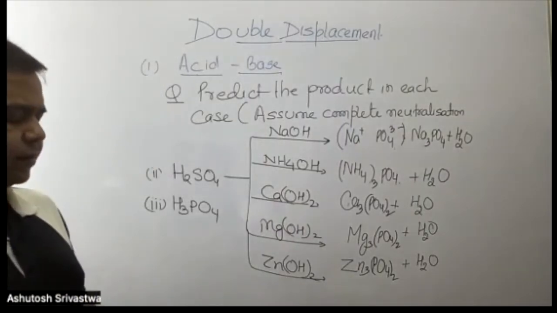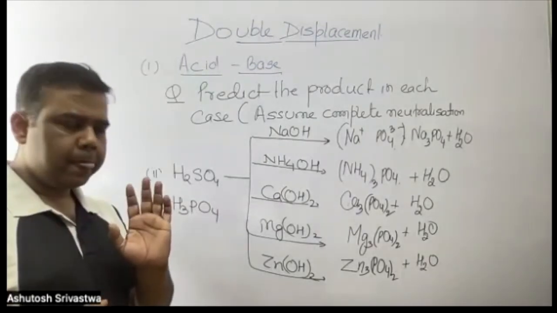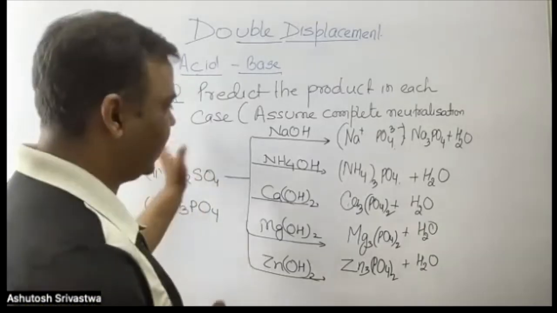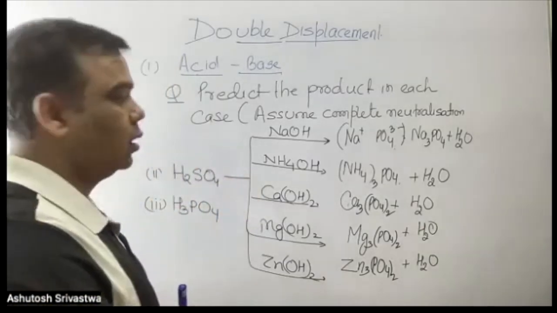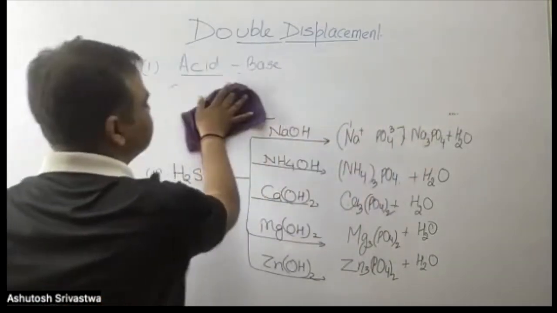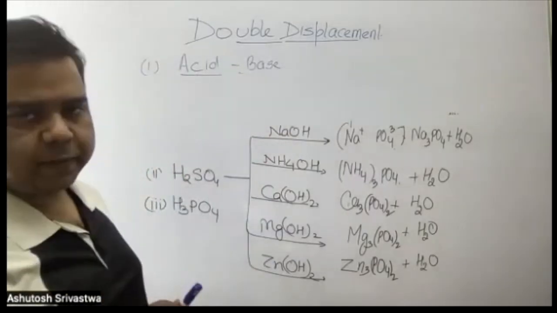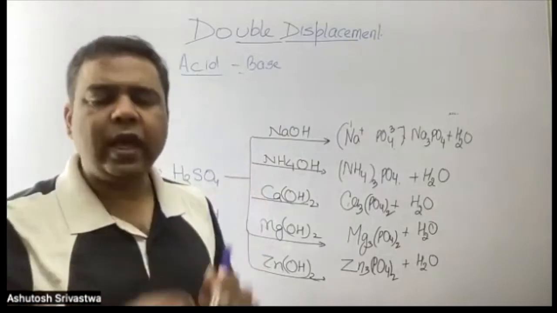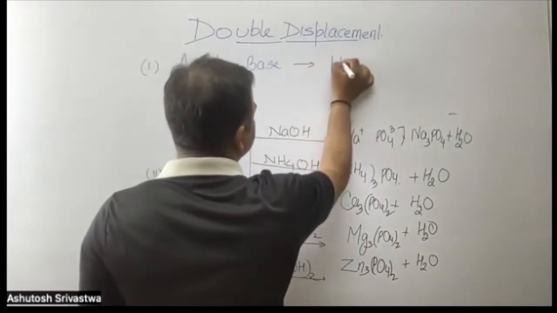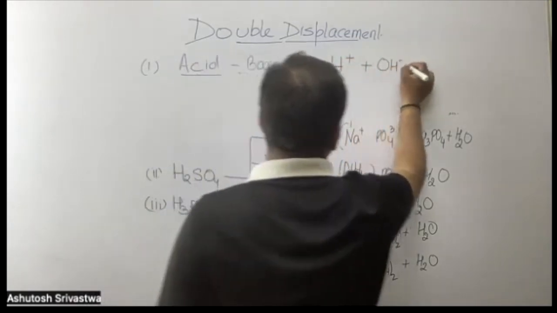How can we do it? Just understand one thing, only one thing, and you can easily balance this type of reaction. In Arrhenius acid-base reactions, the reaction is actually taking place between one H plus and one OH minus, giving one water.